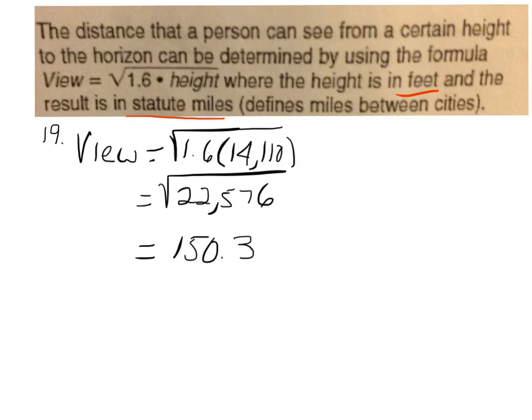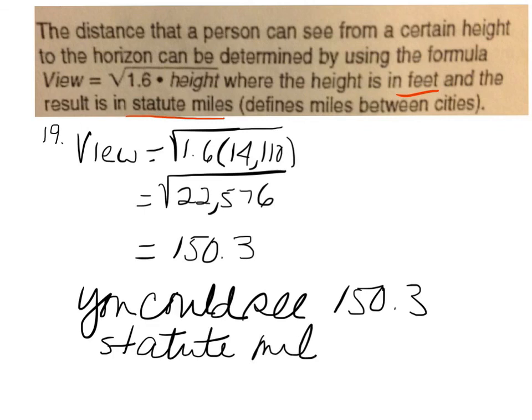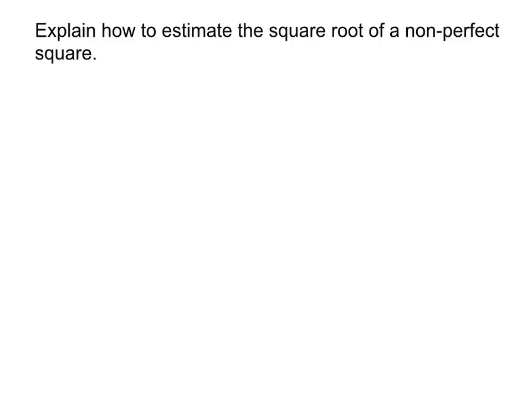And of course we would add a nice finishing sentence here. You could see 150.3, and what are our units? Something interesting called statute miles. Okay? All right, and you go ahead and try number 20 on your own.